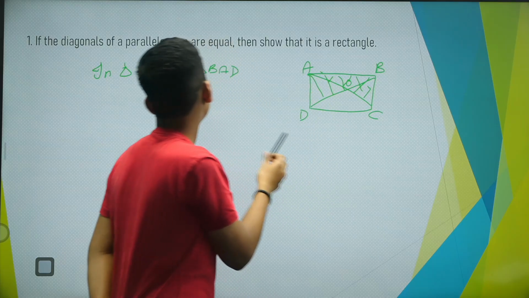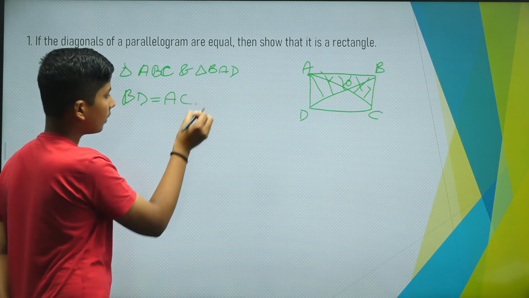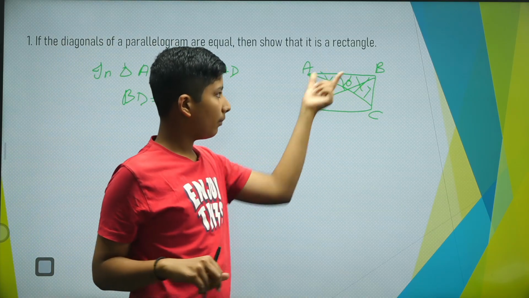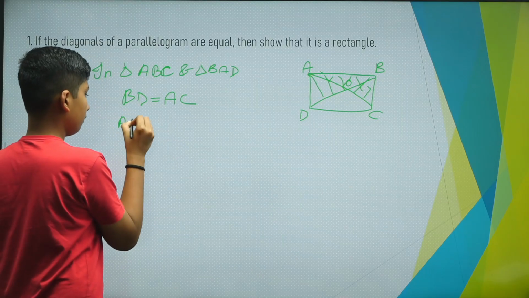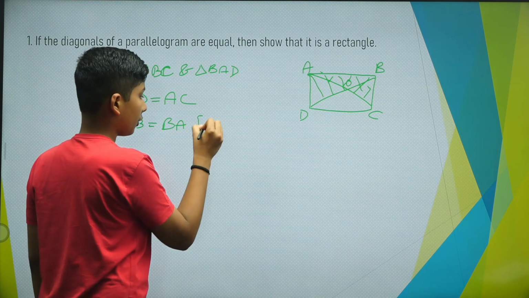What is given? BD equals AC, it is already given. And AB equals BA, in bracket write common.